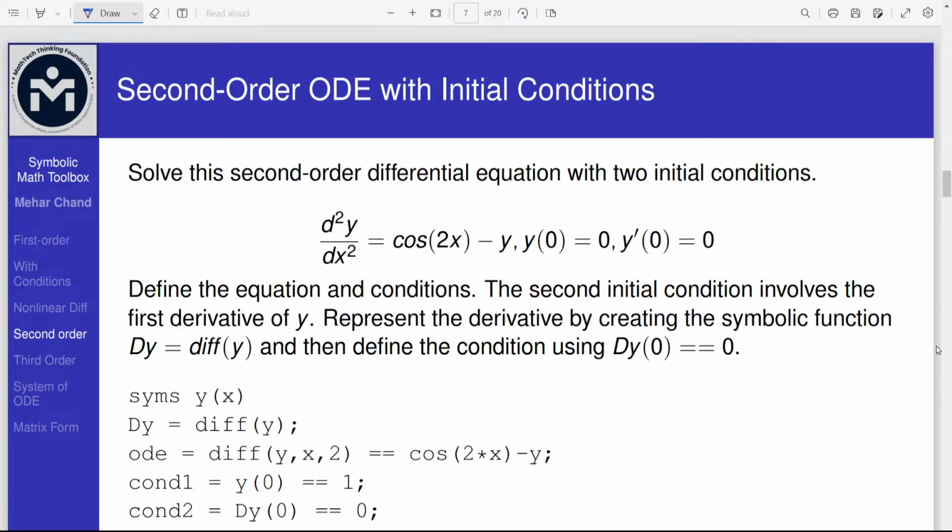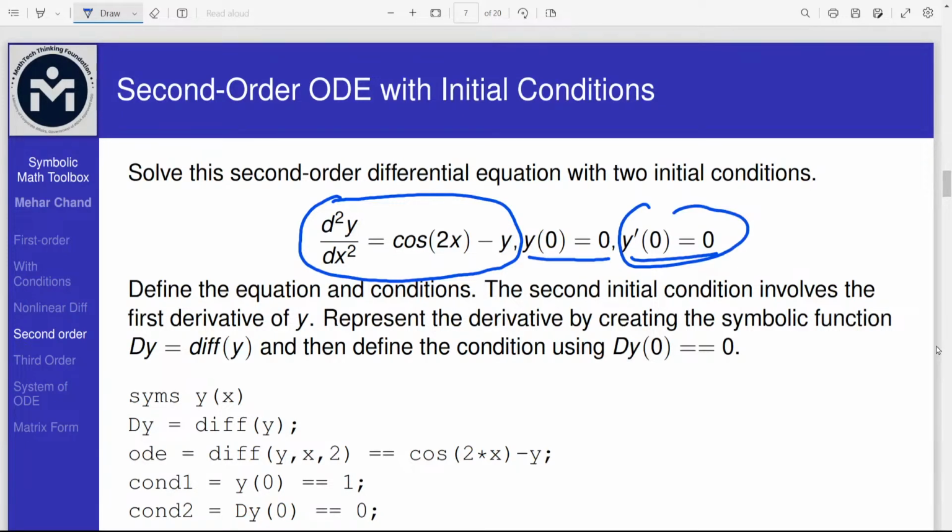When we have a second order differential equation, you can see we have two conditions. This is the differential equation of second order, and we are given two conditions, so both initial conditions will be applied. How can we do it? First, we need to define the equation, then the conditions involving the first order or second order. Then we need to create the symbolic function for the derivative also.